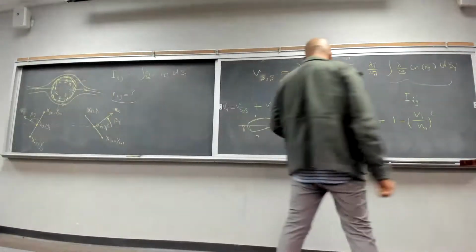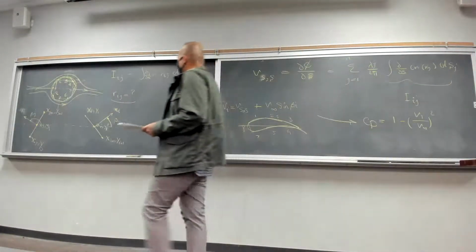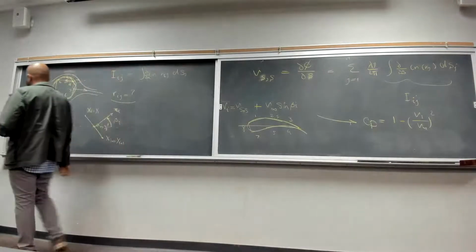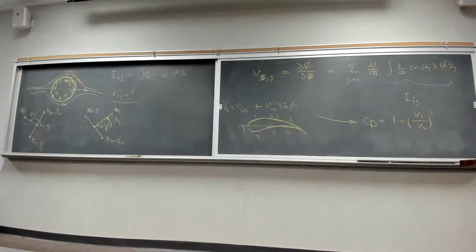Okay. So what is R of ij here? How can we calculate R of ij? Any ideas?